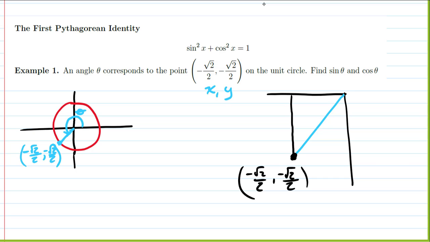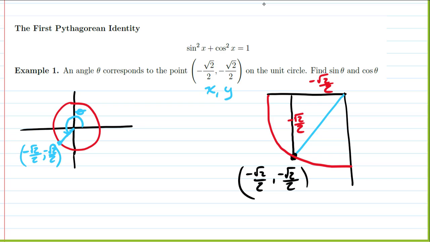So that's my xy coordinate down here in quadrant 3. So then that would make each of these sides -√2 over 2 and -√2 over 2.